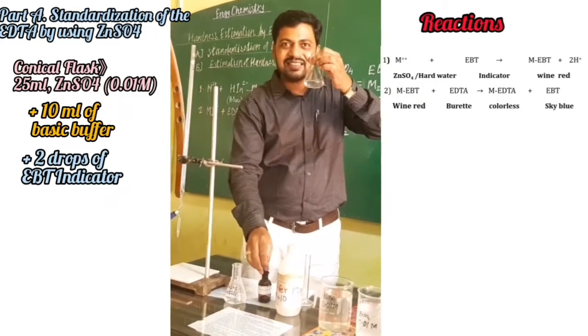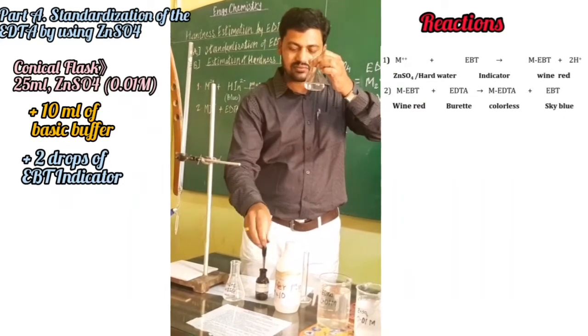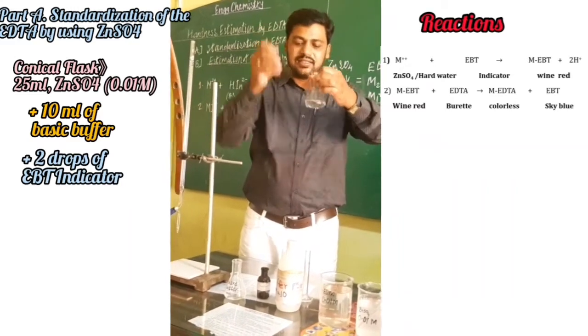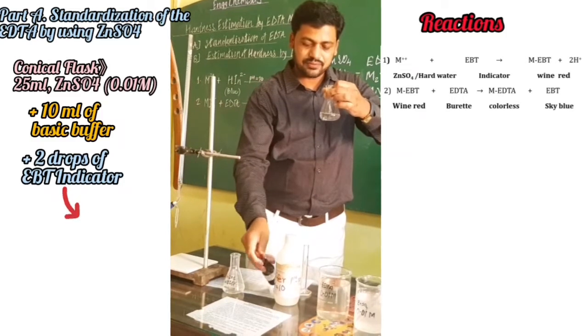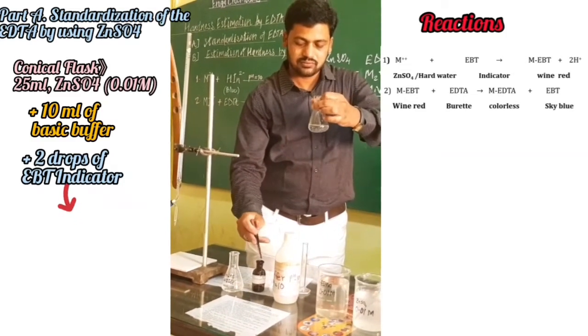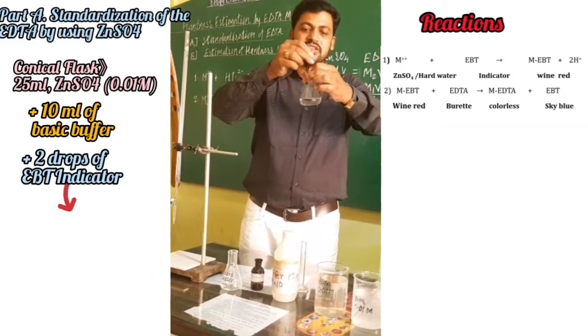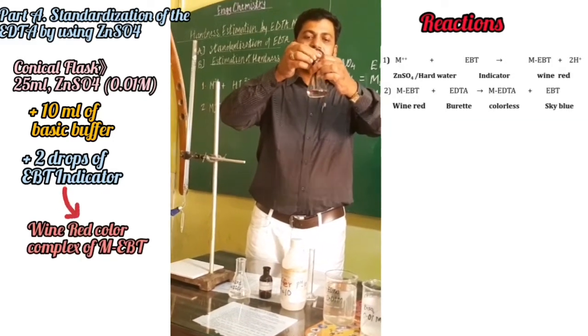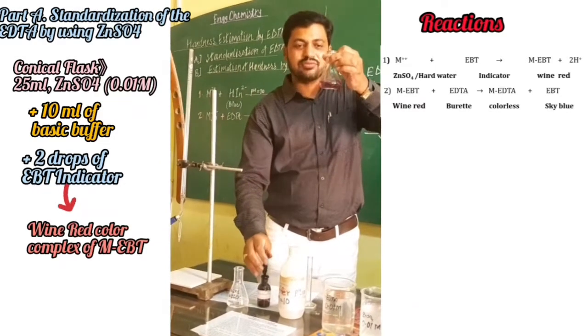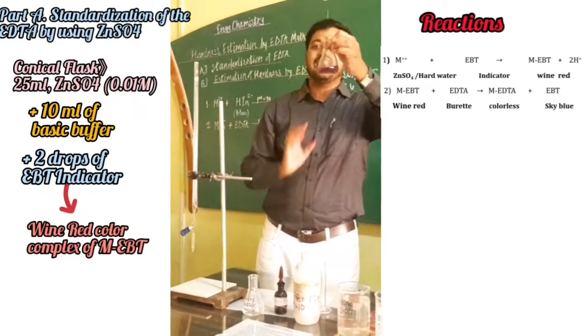After adding this indicator in this ZnSO4, we get this characteristic color, and it is the wine red.